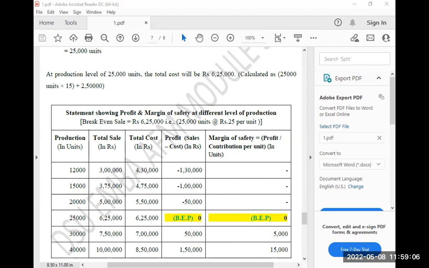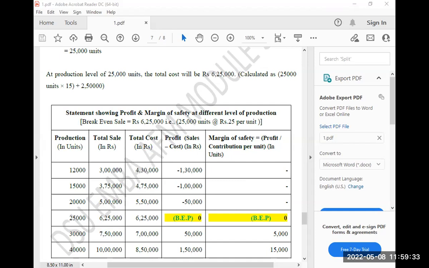Come to the question. Section B, question number 1, page number 5. Computation of break-even point, margin of safety, sales volume, profit, contribution, and PV ratio. A company produces a single product, which sells for rupees 20 per unit.